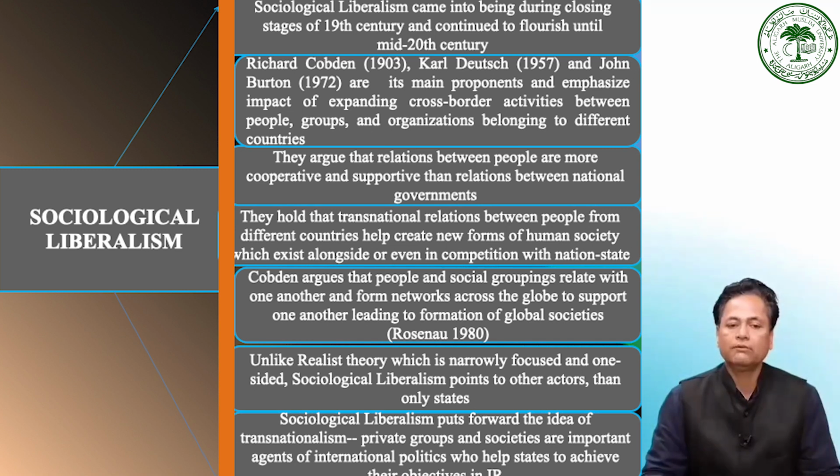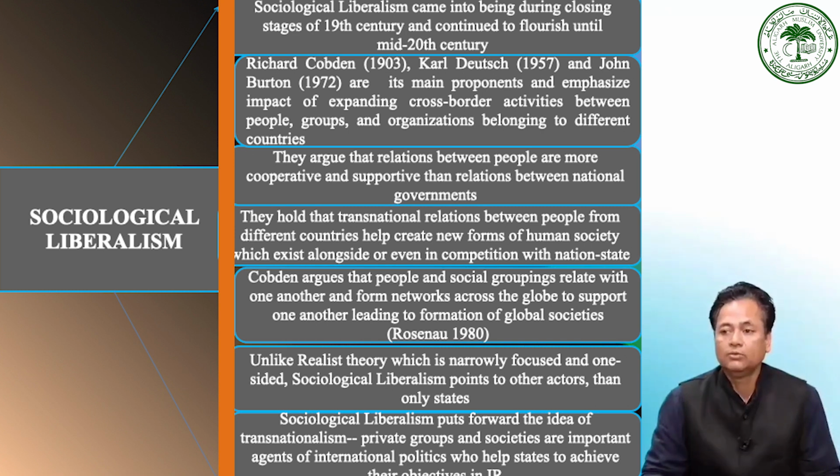Now let us focus on sociological liberalism. Sociological liberalism came into being during the closing stages of the 19th century and continued to flourish into the mid 20th century. Richard Cobden, Karl Deutsch, and John Burton are its main proponents, and they emphasize the impact of expanding cross-border activities such as higher levels of trade, communication, and cultural exchange between people, groups, and organizations belonging to different countries.